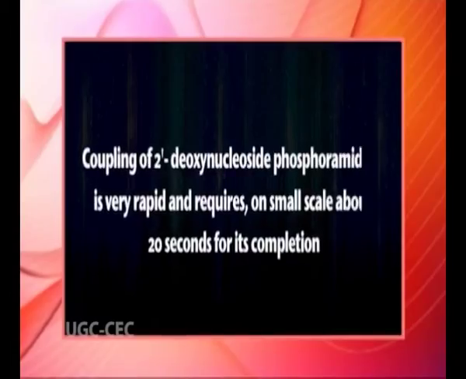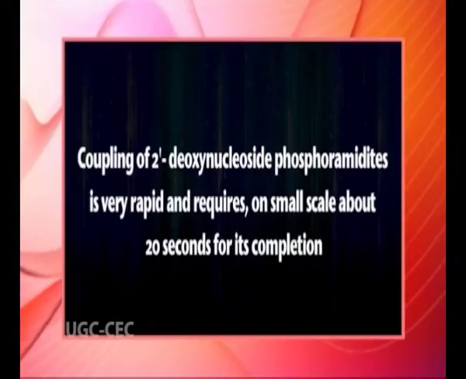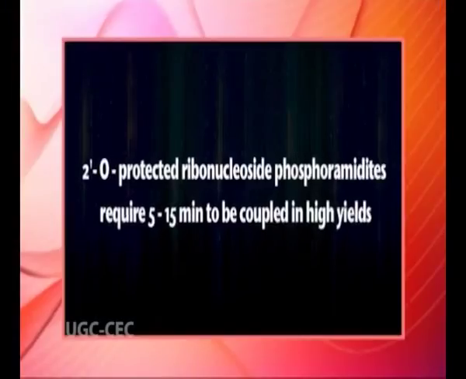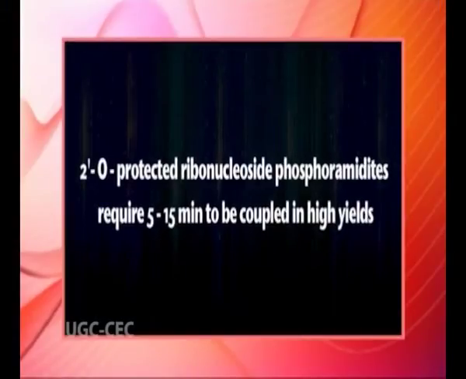The coupling of 2'-deoxynucleoside phosphoramidites is very rapid and requires on small scale about 20 seconds for its completion. In contrast, sterically hindered 2'-O-protected ribonucleoside phosphoramidites require 5 to 15 minutes to be coupled in high yields.